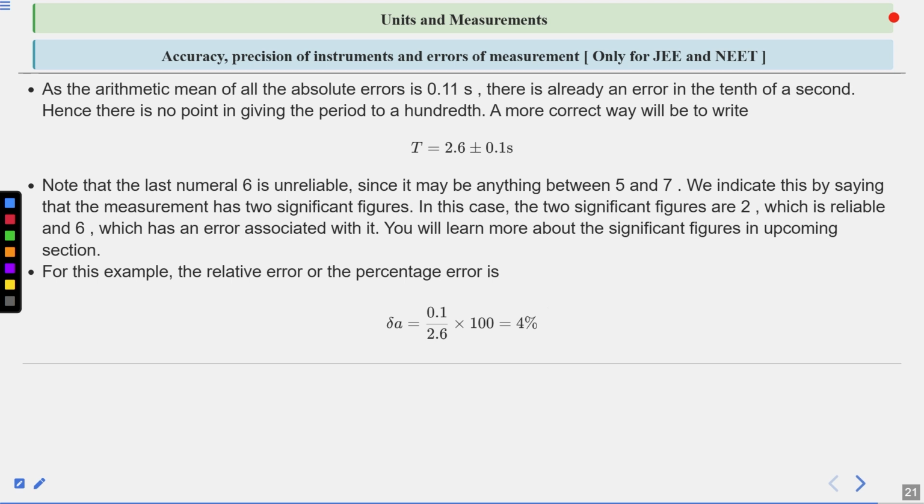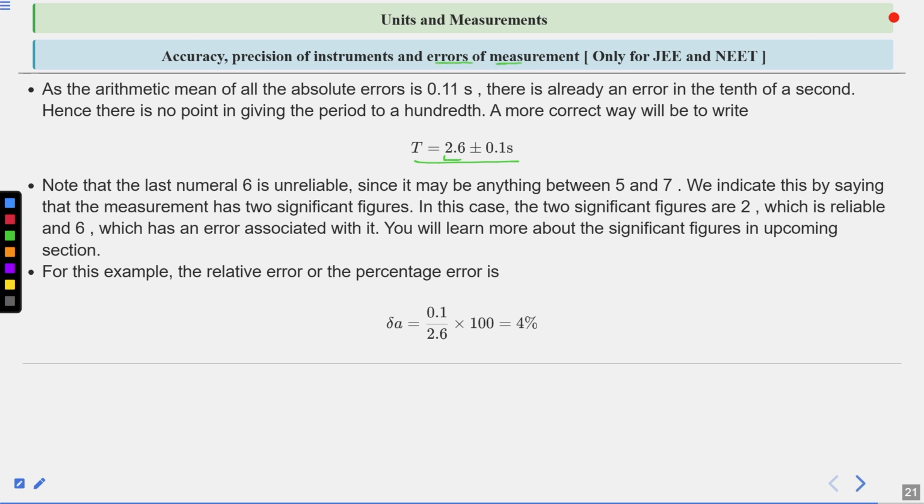The percentage error is equal to delta t divided by t, into 100%. Here delta t we already calculated, and t is the mean value we considered. So delta t divided by t into 100% gives you the percentage error. Clear?